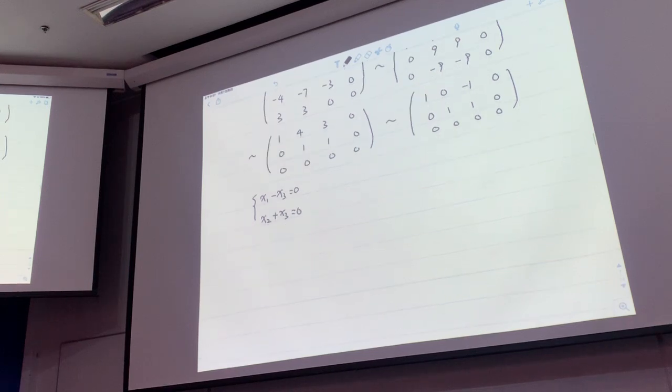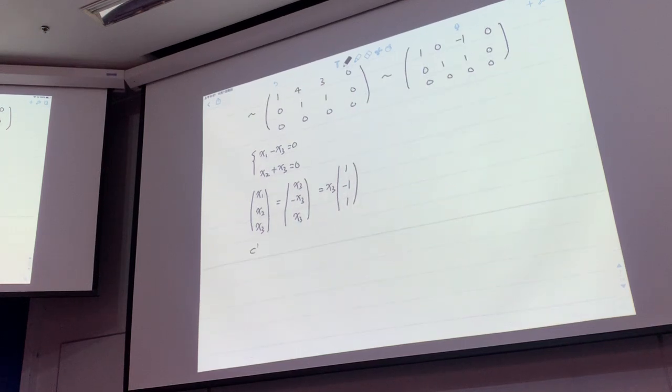So we got x3, negative x3, x3. So we got x3 times 1, -1, 1. So choose eigenvector v1 equal to 1, -1, 1.